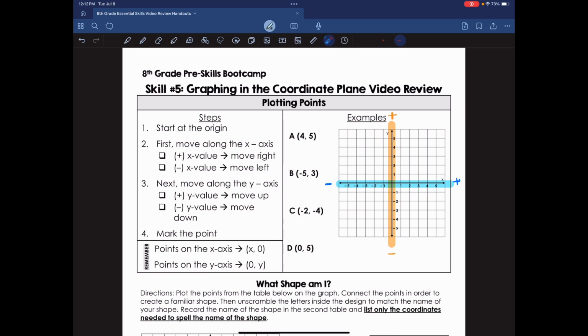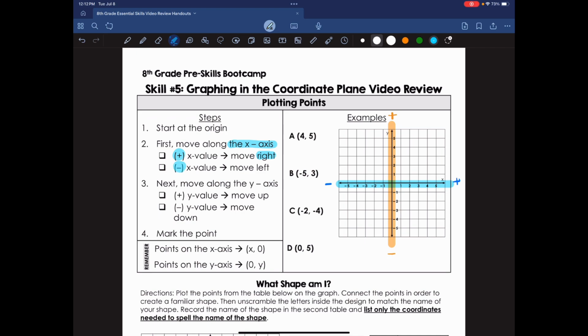So step one is always to start at the origin. Remember, the origin is this point right here where our x and y axis meet. The coordinate is (0, 0), and we're always going to be starting from there. Going on to step two, first we're going to move along the x-axis. I'm going to color coordinate that the same. If it's positive, we're going to move to the right.